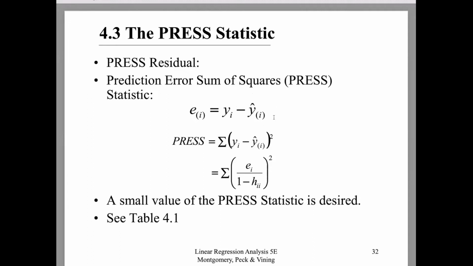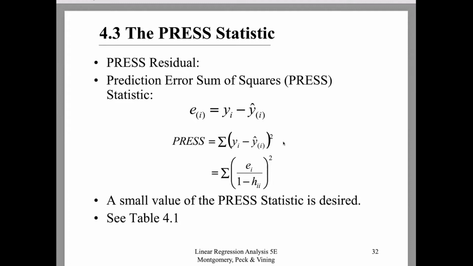Because the model was not developed using the ith observation, the predictor for that ith observation is going to be independent of the ith observation itself, and so the ith observation is not going to have an influence on that predictor. The difference between the ith observation and the leave one out predictor of that observation is called the PRESS residual. Now, the PRESS statistic is the sum of the squared PRESS residuals.